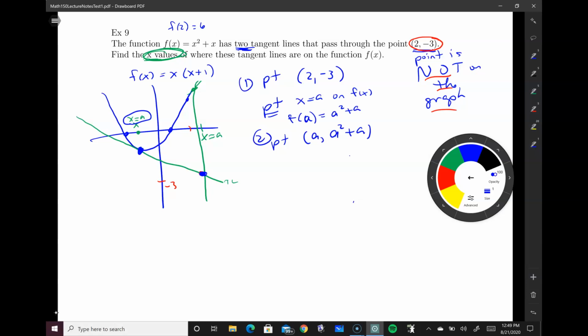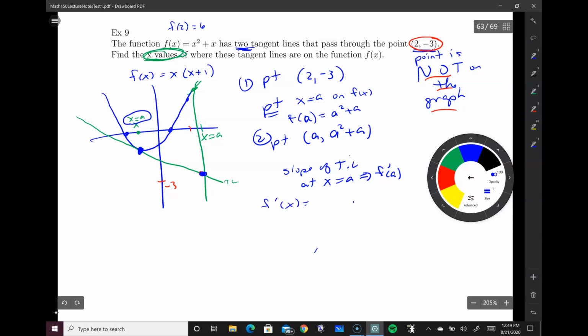I also know what the slope of the tangent line is, right? Don't I know the slope of the tangent line at x equal a will be f prime of a? I do know that. Okay, so let's go find f prime of x. So f prime of x will be 2x plus 1. So f prime of a will be 2a plus 1.